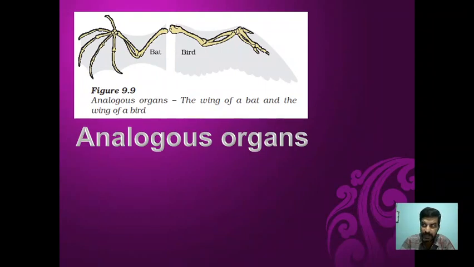In the case of bougainvillea and cactus, the leaf is modified for the purpose of protection, right? Whereas in common plants like neem or mango, it is used for photosynthesis, but the origin is the same.